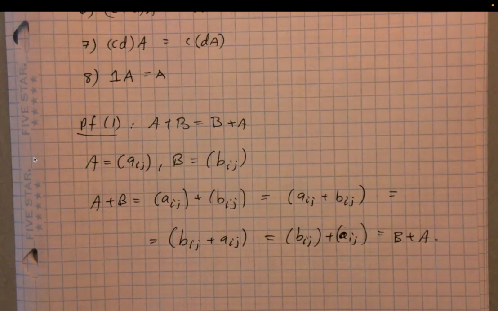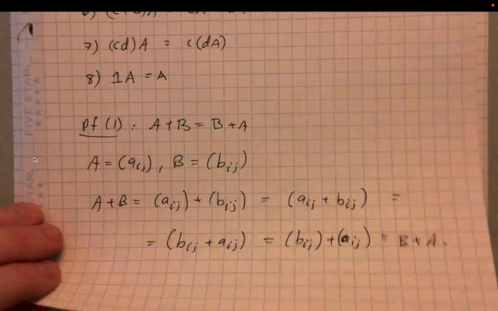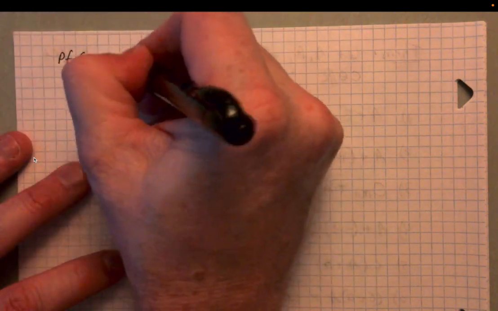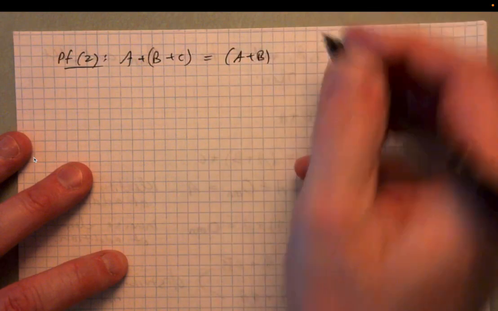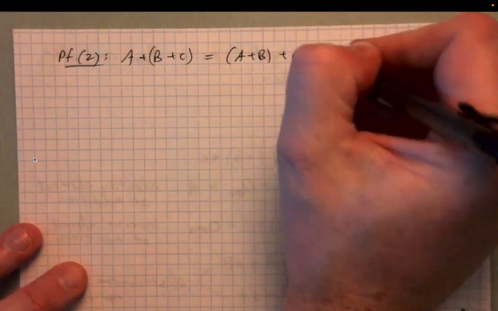All right, and something similar can be done for associativity of matrix addition. So here's a proof of item 2, that A plus B plus C equals A plus B plus C, with the grouping changed.